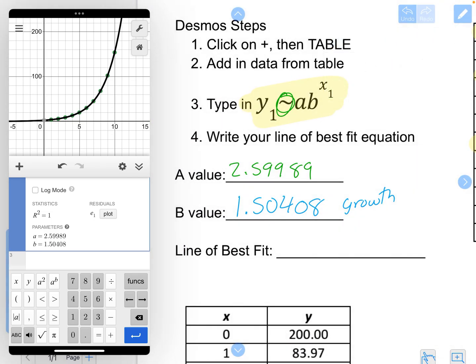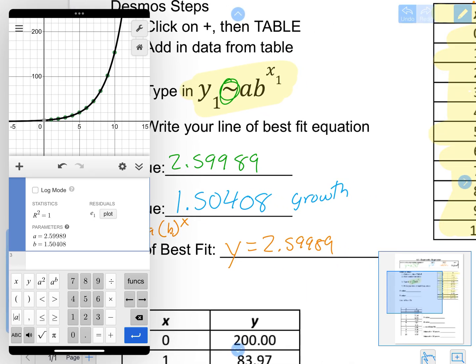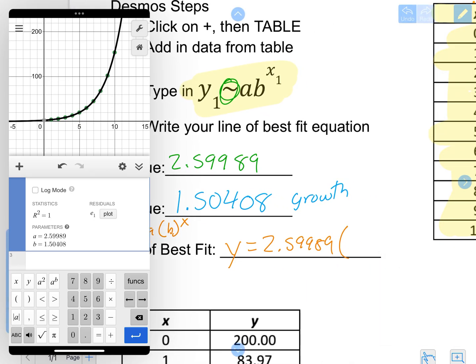So now we write our equation. Remember, y equals a parentheses b to the x. So y equals, our a is 2.59989. You can round these numbers, but if you round them, sometimes they give you different answers. So let's just write the whole thing in, our b value and to the x.